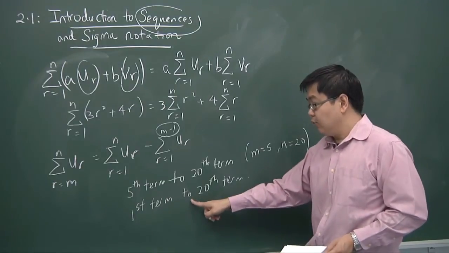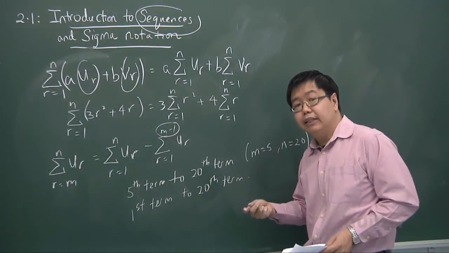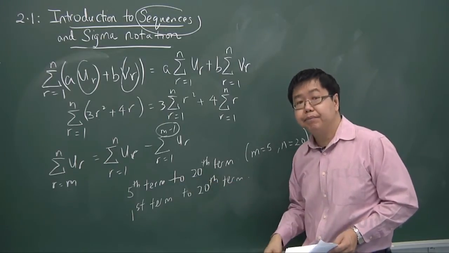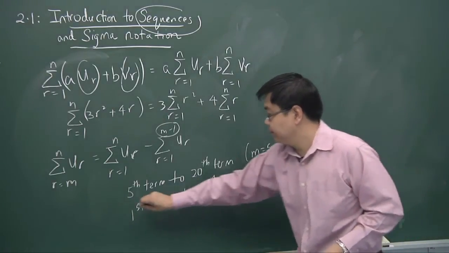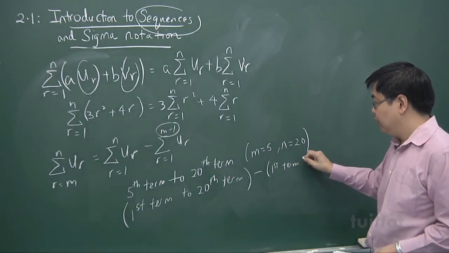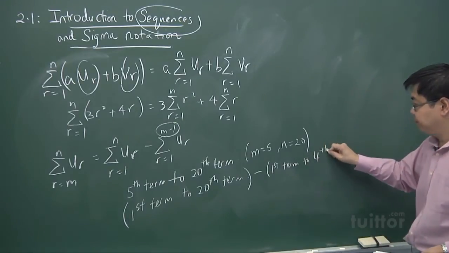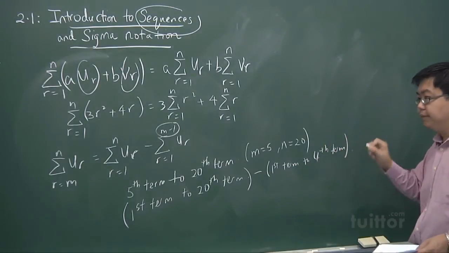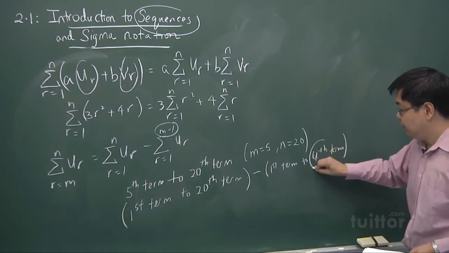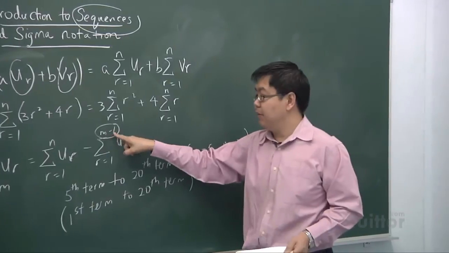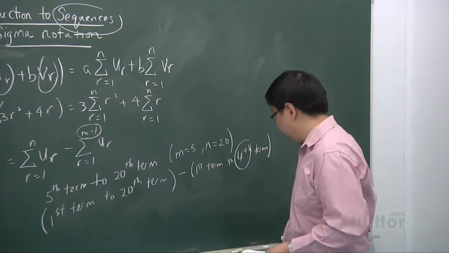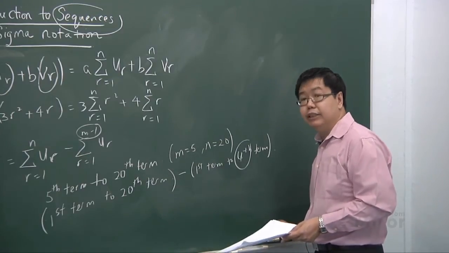But this one includes the first, second, third, and fourth terms, which are not needed in this sum. So we have to subtract the sum from the first term to the fourth term. That will give me the 5th to the 20th. And this 4 represents m minus 1, because m is 5. So let me give a numerical example to illustrate this second law.